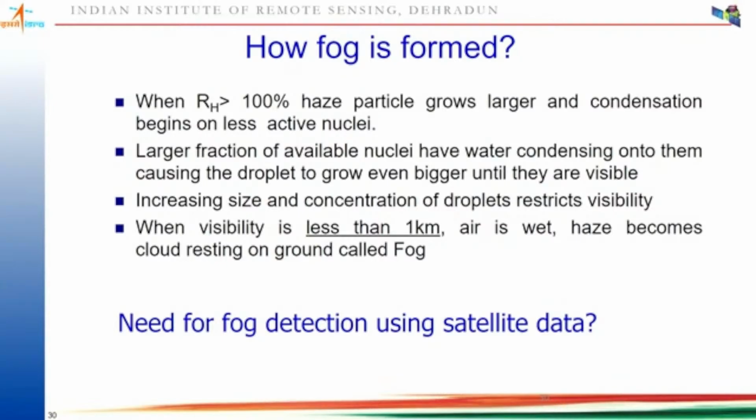This causes many problems for road transportation, air and shipping traffic, and hence a number of observations are used with which fog formation is forecasted and broadcasted, not only from ground observation but also from satellite observations.